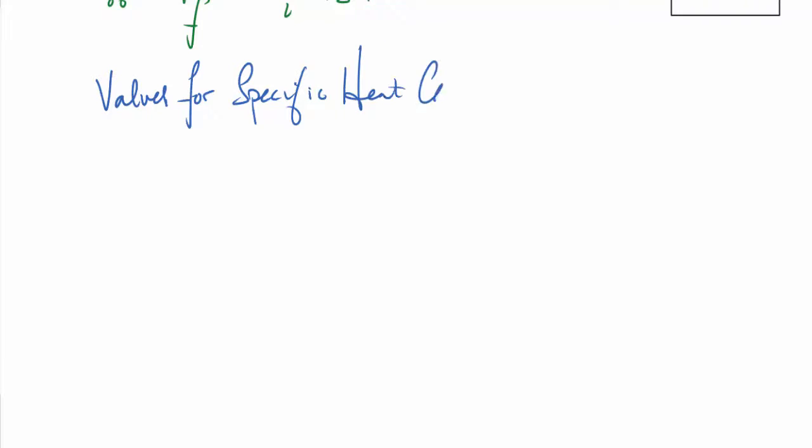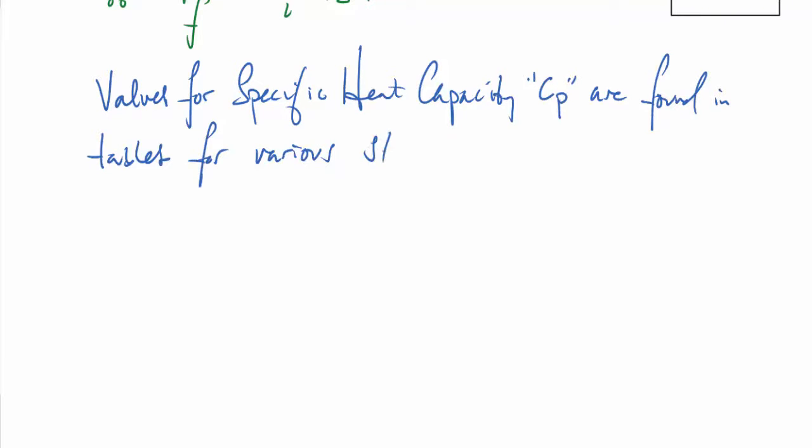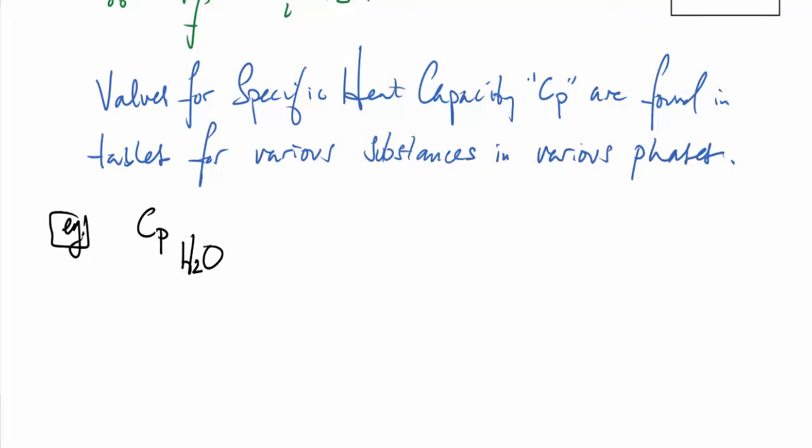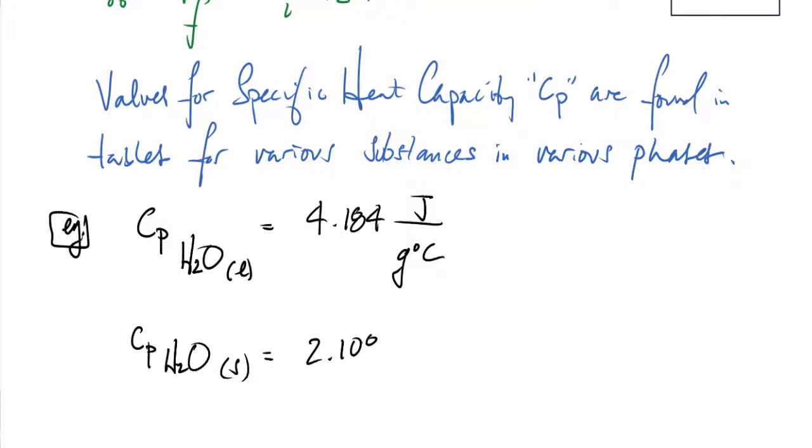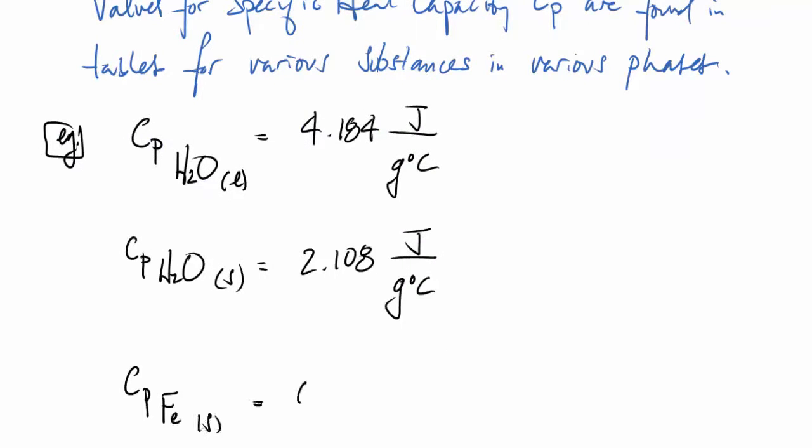Okay, so look, values for specific heat capacity, Cp, are found in tables for various substances in different phases. The heat capacity for liquid water, which we know is 4.184 joules, is different from that for water ice, 2.108 joules it turns out. Also different from, say, solid iron at 0.444 joules.